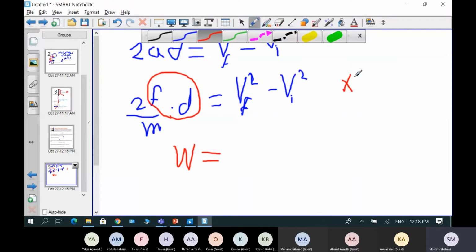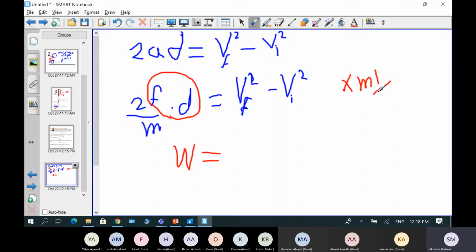To get rid of this 2 over m, I will multiply the equation by m, and to get rid of 2, I will multiply it by half, which means half m. I will multiply the whole equation by half m. So half m will cancel the 2 and we'll have m.